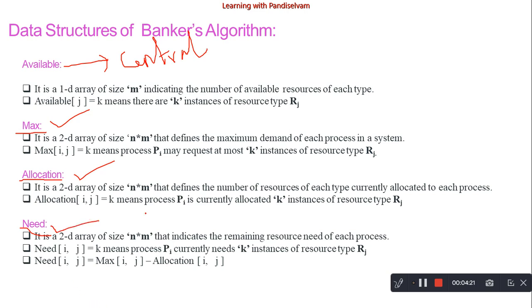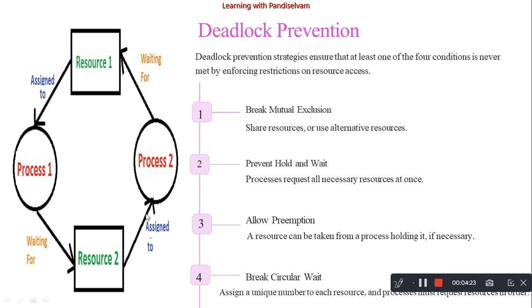So deadlock prevention: how can we prevent the deadlock? Deadlock prevention strategies ensure that at least one of the four conditions is never met by the system. How can we break mutual exclusion? Share resources or use alternative resources. By implementing these two steps we can break mutual exclusion.